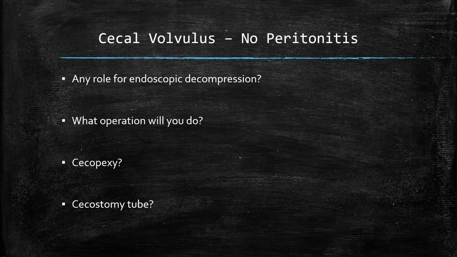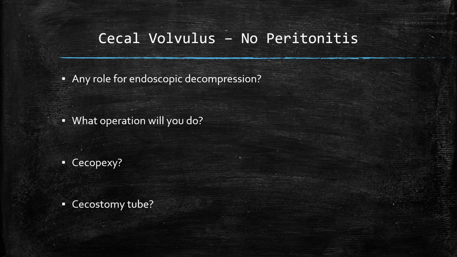And the answer in this case is a clear no. It's not effective, unlike in the patient with the sigmoid volvulus where it was highly effective, and it only delays the inevitable surgery. So we don't do colonoscopies on these patients to try to untwist it.